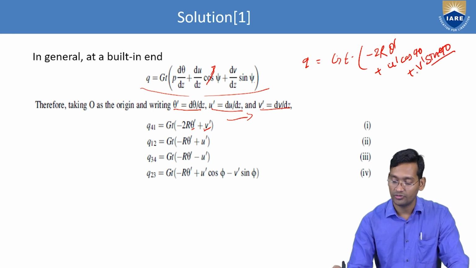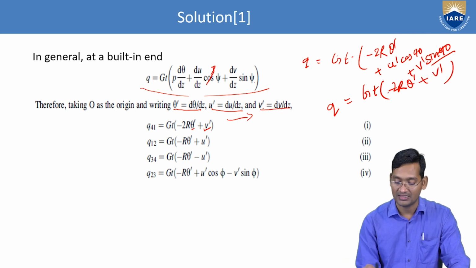Sin 90 is 1, so we have Q equals GT into minus 2R theta dash plus v dash. That is the first equation.